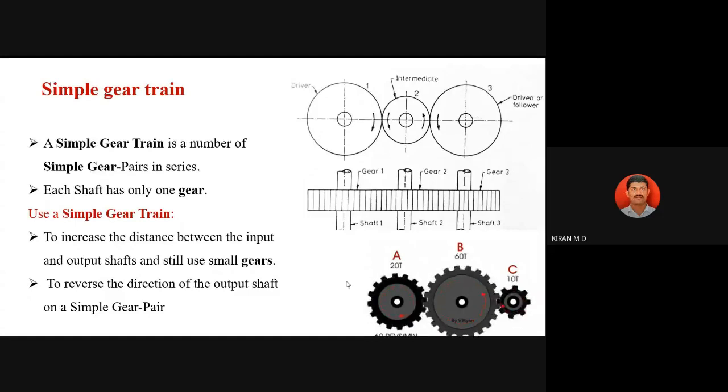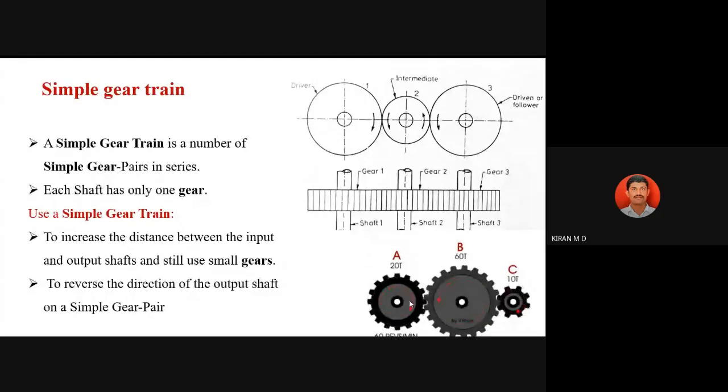By seeing this figure only, you can get the idea. If you have only one intermediate gear, the driver and driven will rotate in the same direction. If it is two intermediate gears, what will happen? The driver is rotating in clockwise, the first intermediate rotating counterclockwise, the second intermediate will rotate in clockwise, then the follower will rotate in counterclockwise.